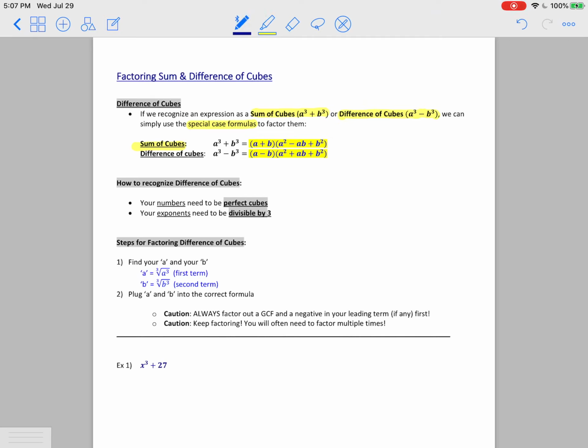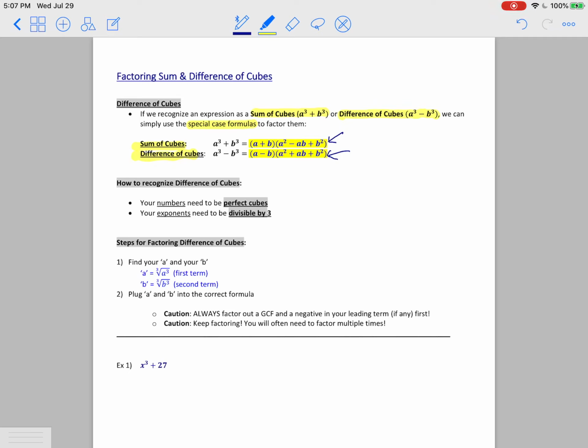Then over here is the special case formula that we would plug it into: quantity a plus b times the quantity a squared minus ab plus b squared. For a difference of cubes, it's almost the same thing, with just minor changes in one of the signs.